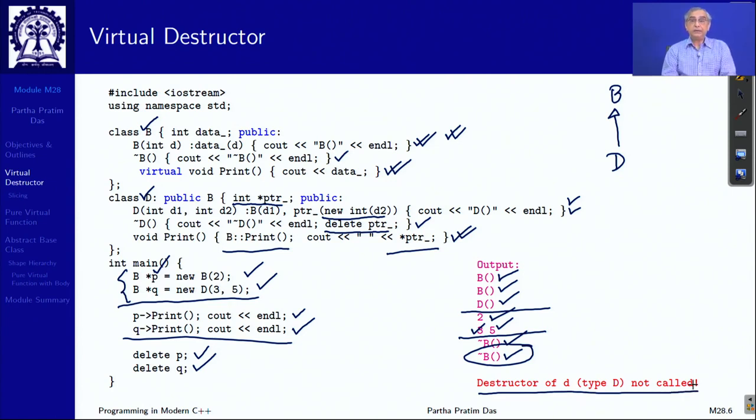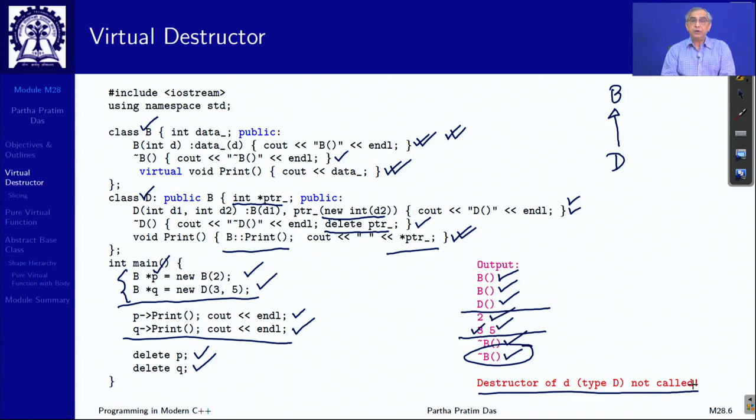Why is it that? It is very simple, because we know that the polymorphic dispatch or runtime dispatch can happen only for functions that are virtual. Now, the destructor in D is not a virtual function, because we have not defined it to be a virtual function. The destructor in B is not a virtual function.